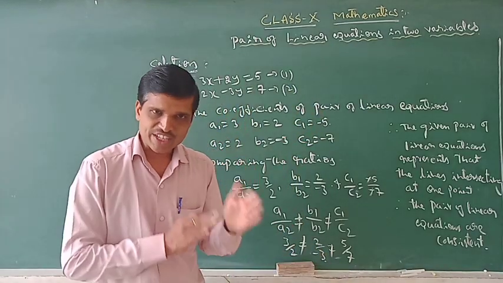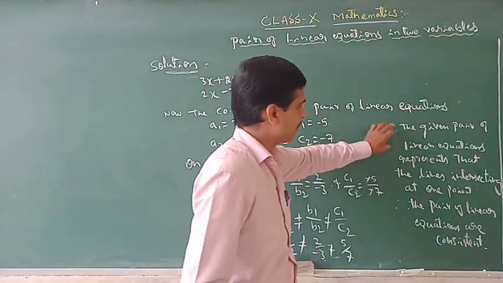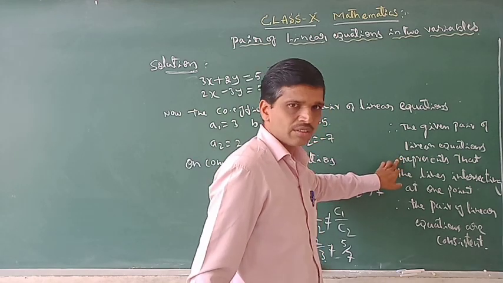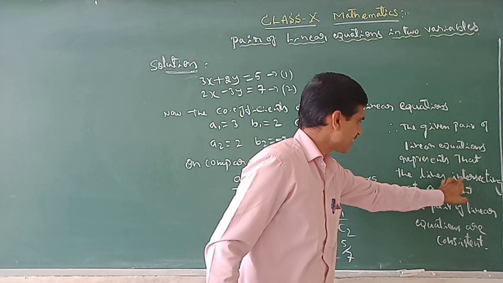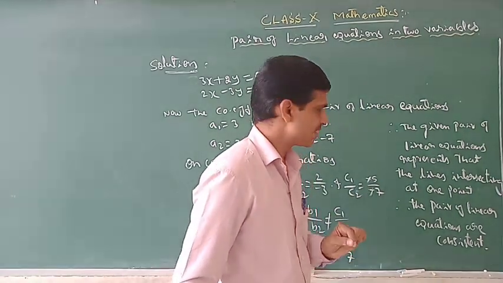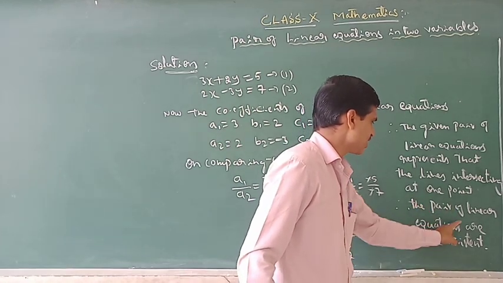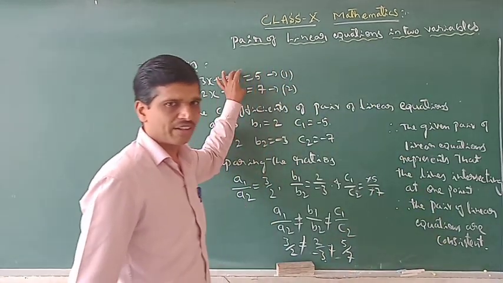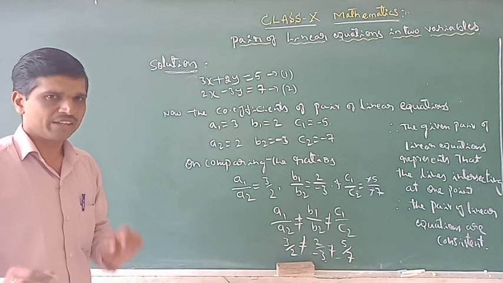It means they have a definite solution. So we may say that if the given pair of linear equations can be represented on a graph as lines intersecting at one point, they have a unique solution. That is why the pair of linear equations is consistent. These two pairs of equations are nothing but consistent pairs of linear equations.